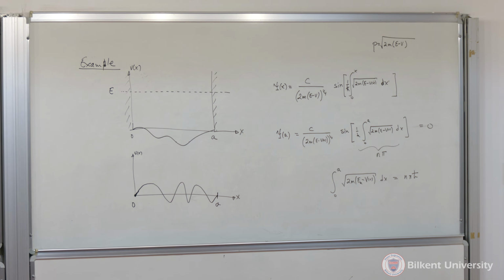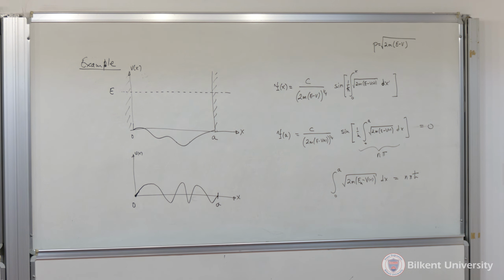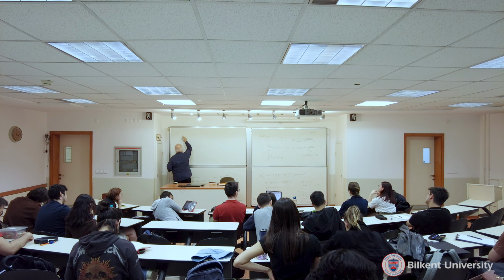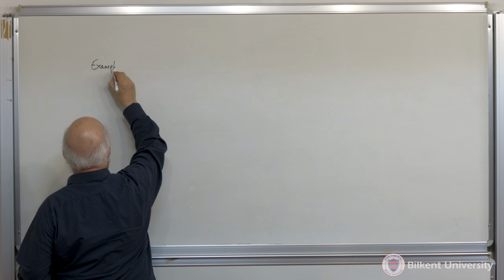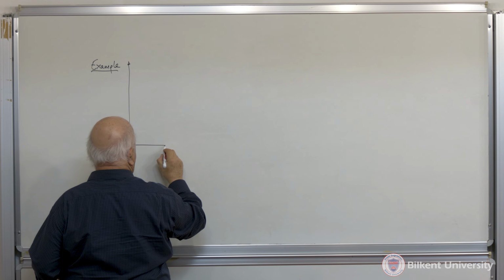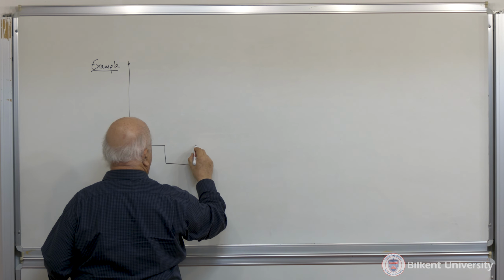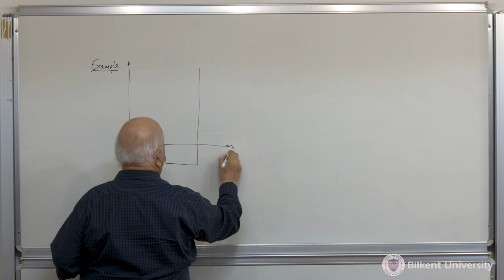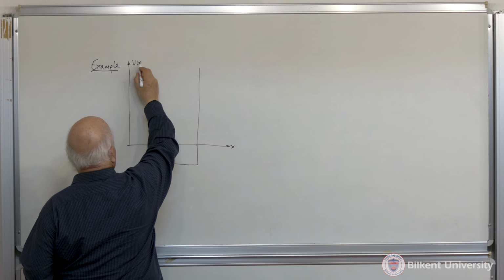So let's choose a certain type of potential there. Let's make our example a little bit more discrete. Suppose I have something like this. So x, this is my v of x.